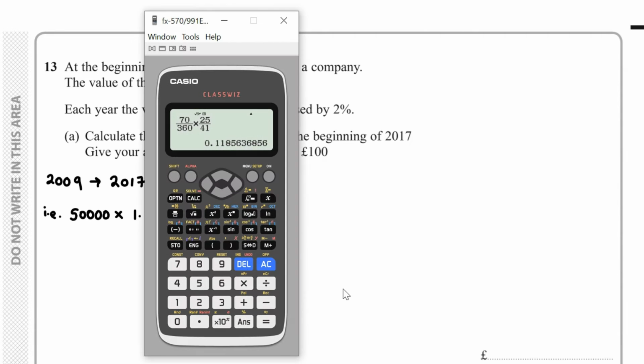So if we work this out, we've got 50,000 multiplied by 1.02 to the power of 8.